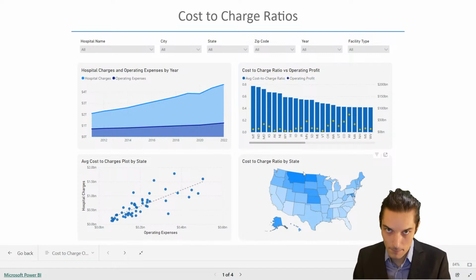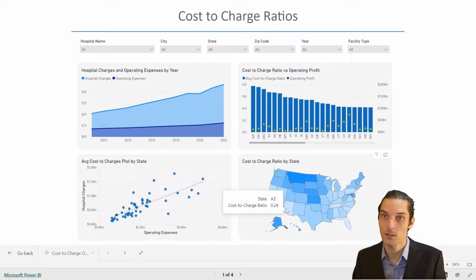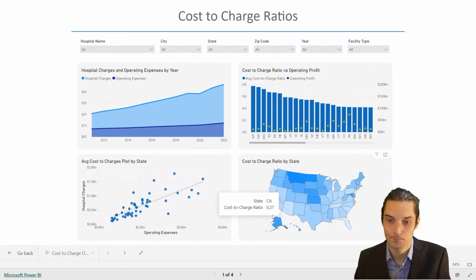If you get a specific price, you can negotiate it down a little bit, but there's not much more room to negotiate. On the other hand, if you live in a state like Arizona, then your cost to charge ratio is 0.24, meaning that you can negotiate at least down 50%, or at least try to, in order to be more in line with what their operating costs are.